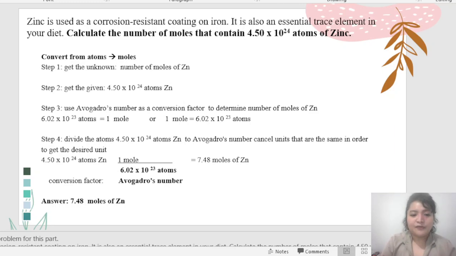So for our final product, what you are going to do is multiply everything on the numerator first before you divide. So when you multiply, you will get 4.50 times 10 to the 24th power atoms divided by Avogadro's number. So our answer is 7.48 moles of zinc.